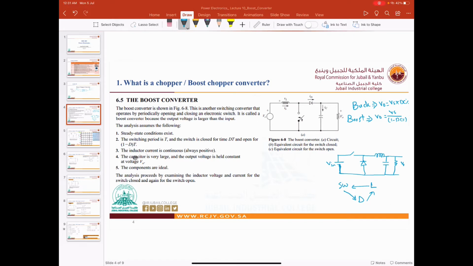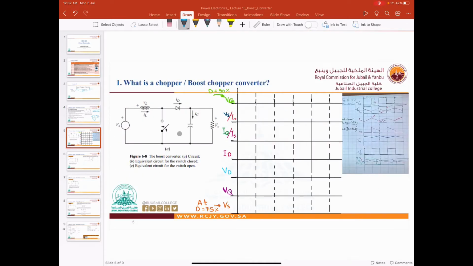The capacitor is very large also, to hold a constant voltage V out. The components are ideal, we don't have losses. We assume there is no voltage drop, there are no losses, and the inductive load here has a resistance of zero ohm.